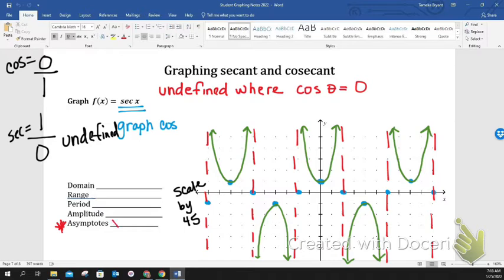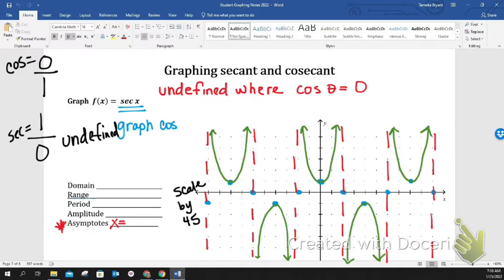So my first asymptote is at x equals, where is this at? Where is the first place where cosine was undefined? What does this angle right here represent? 90 degrees, right? So at 90 degrees, that's the first place where cosine is undefined.